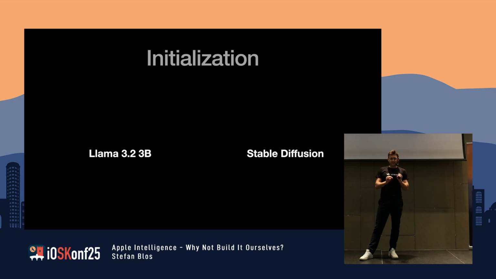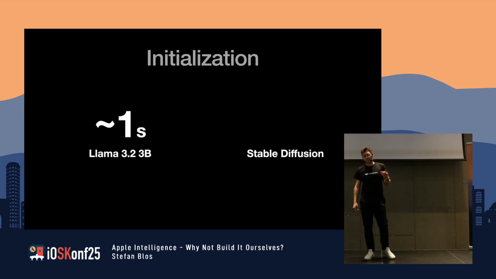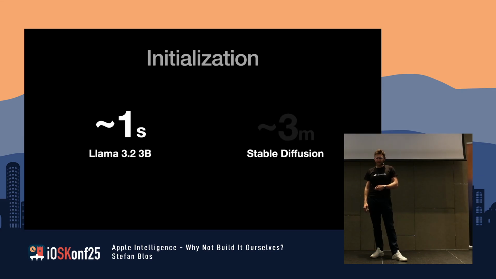I want to talk about the initialization process. So we have downloaded the model, but then it's on our disk, so then we need to initialize it and load it into memory, actually. And the 3 billion parameter model actually took 1 second. So that's fine, right? We show a loading spinner, and we're done. The stable diffusion model that I used is actually taking 3 minutes to initialize.